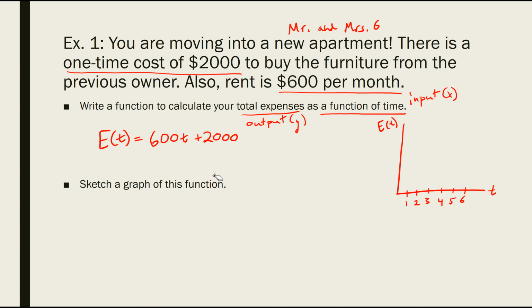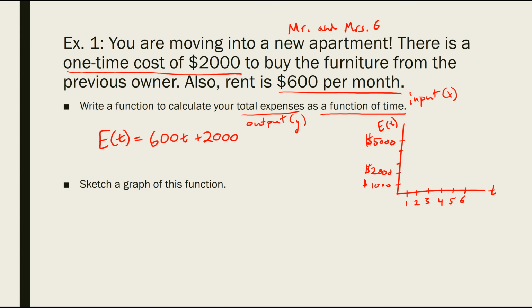Even at month 0, I'm already starting way up at $2,000. So let's just start the graph. Let's do it in terms of 1,000s. I should probably say dollars there. So 1,000, 2,000, 3,000, 4,000, 5,000, and so on.